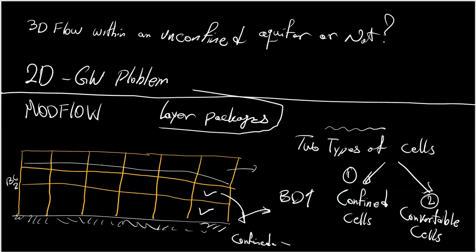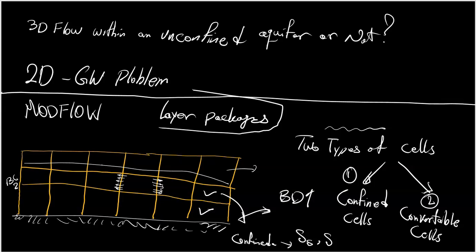So you're going to use the Ss or S parameters. Another important thing is that the entire face of each cell contributes to the flux exchange.